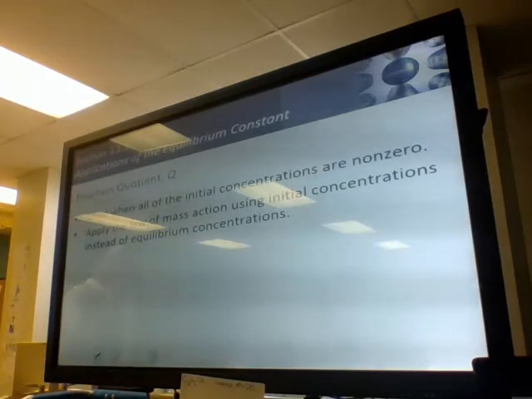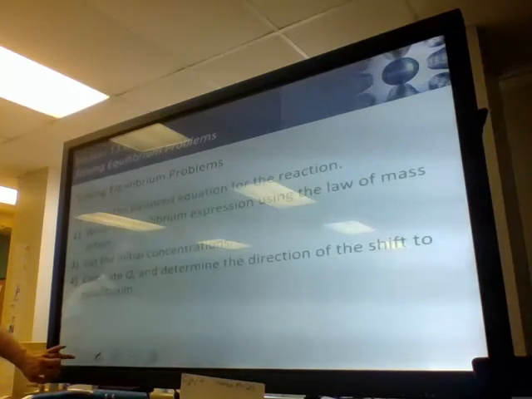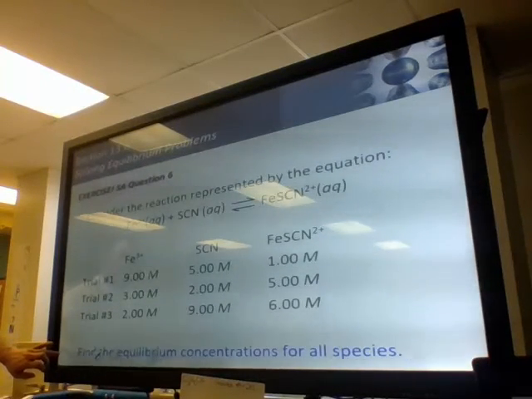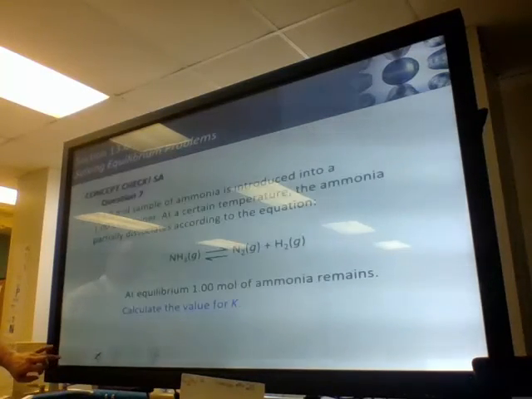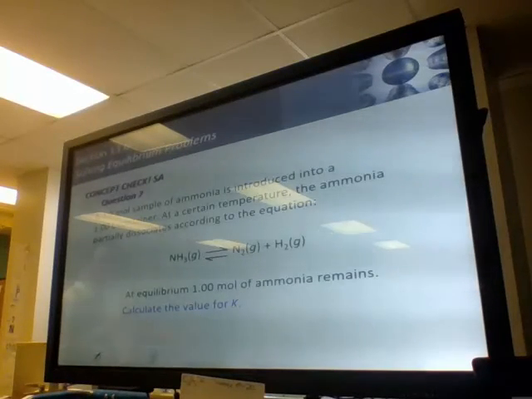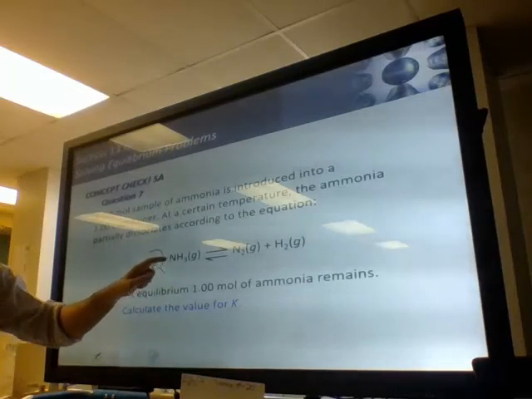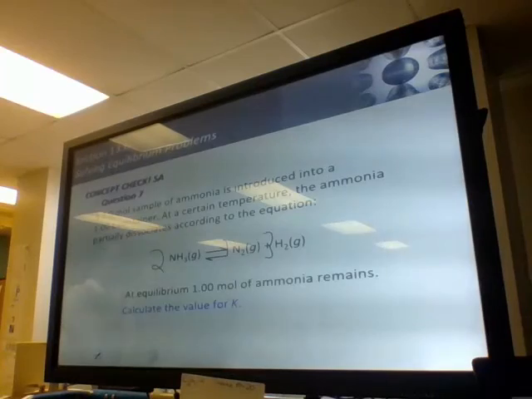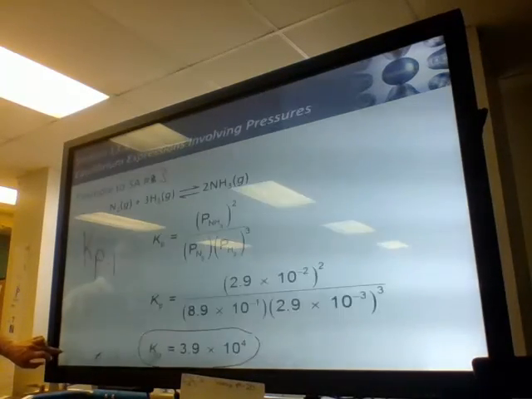Used when all the initial concentrations are non-zero. Okay, so we're not going to go through this yet. The only thing that seemed to be tough is that on the test with these equilibrium ones, they don't give you balanced equations. So you balance them, 1, 2, 3, and once you do that, they actually give you this equation on your formula sheet.